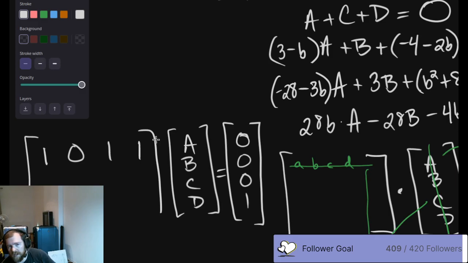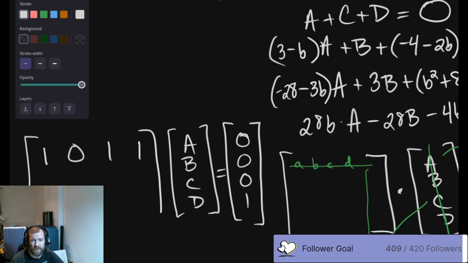Multiply those. And element 1,4 with element 4,1. Multiply those. Once you get those products done, add them all up, and then you get the resultant on the top. So here we see 1a plus 1c plus 1d plus 0 b's is equal to 0.